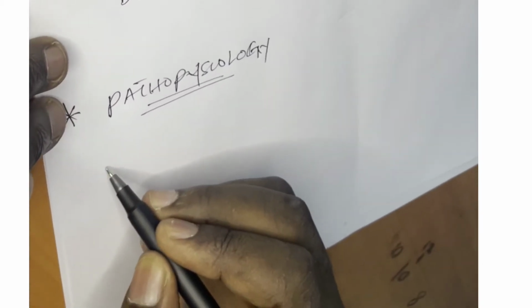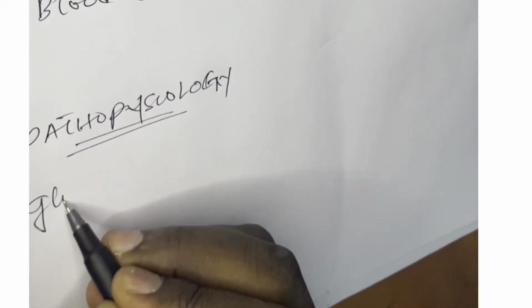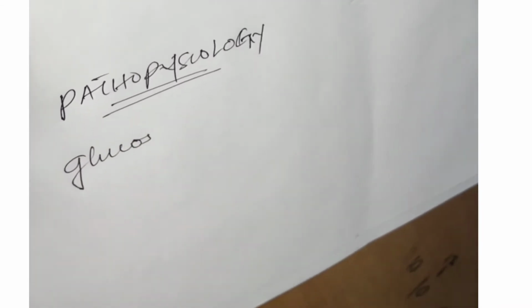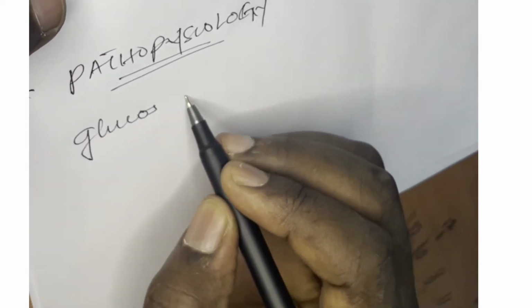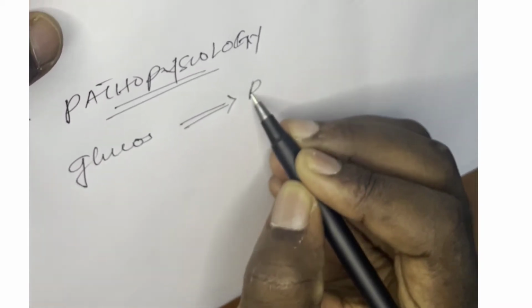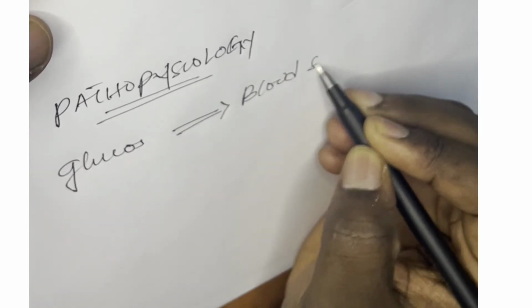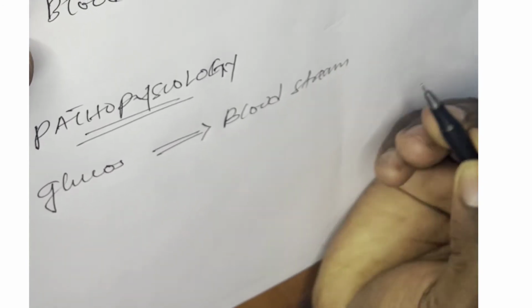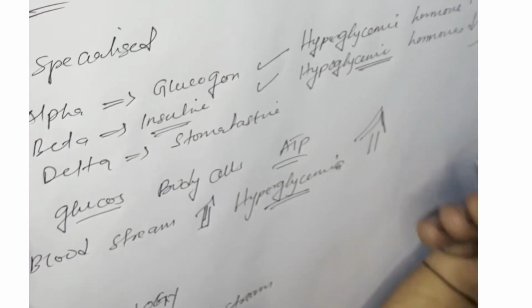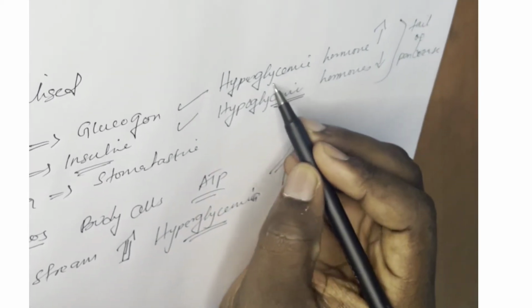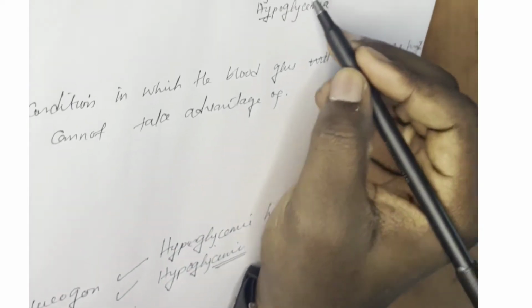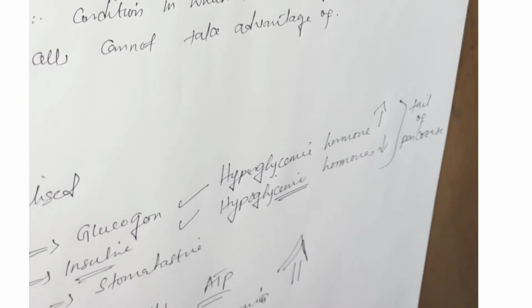When the blood glucose is absorbed from the microvilli of the small intestine, it goes into the bloodstream circulation, which, as I mentioned earlier, is what we call hyperglycemia, the condition in which the blood glucose is high.